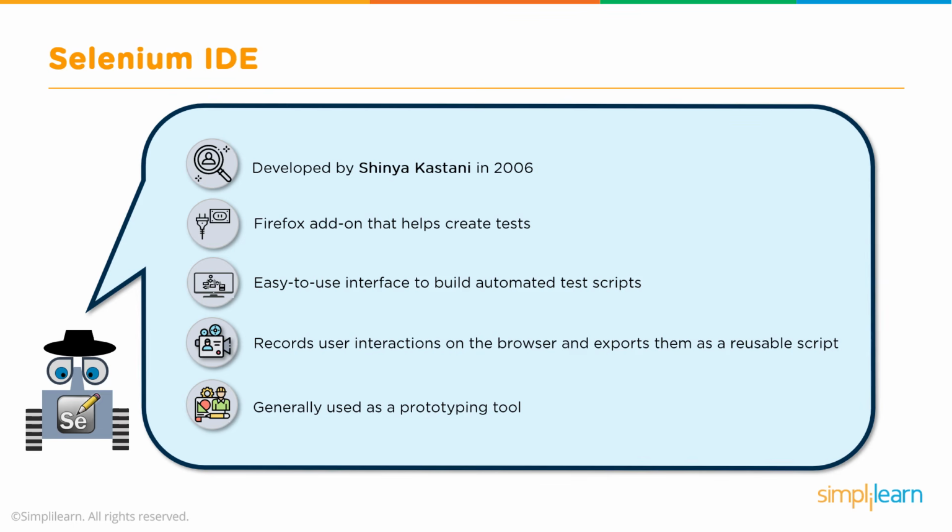It has a very simple user interface using which you can create scripts that interact with your browser. The commands created in the scripts are called Selenium commands and they can be exported to a supported programming language, and hence this code can be reused. However, this is mainly used for prototyping and not for creating automation for real-time projects. Why? Because of its own limitations which any other record and replay tool has.